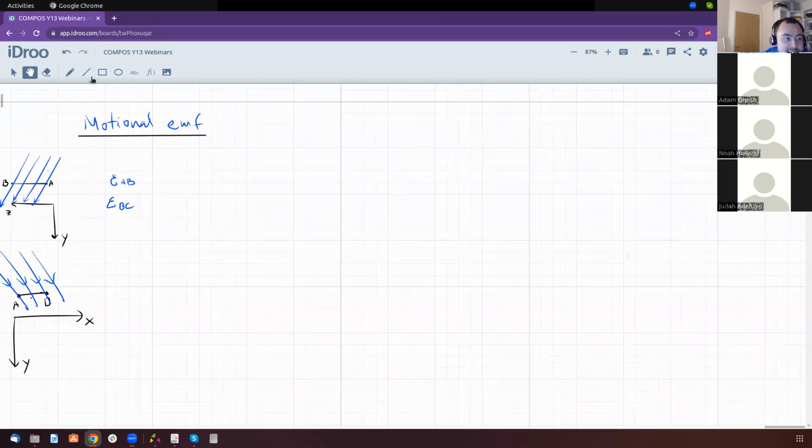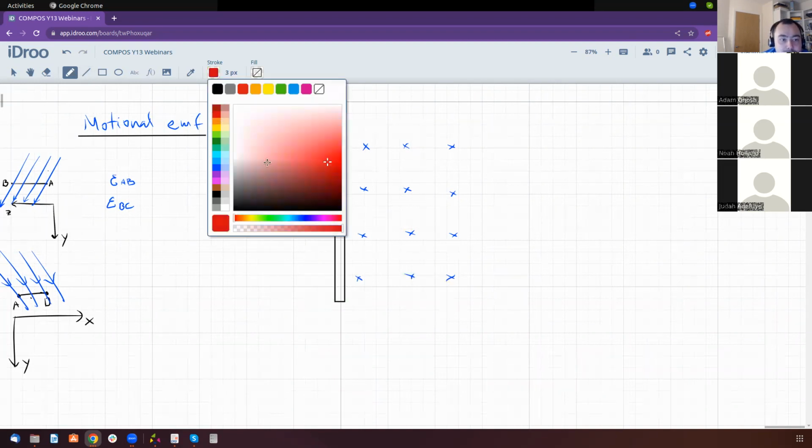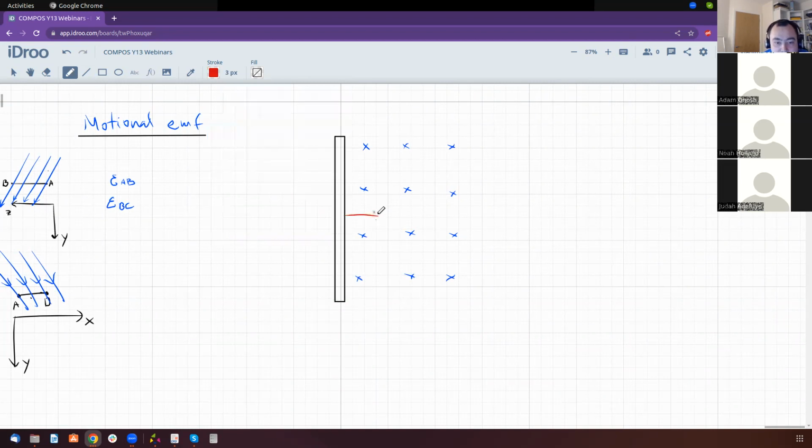So let's say we have a piece of wire moving through a magnetic field. This is the magnetic field, and this is a piece of wire, and it's moving with velocity v.